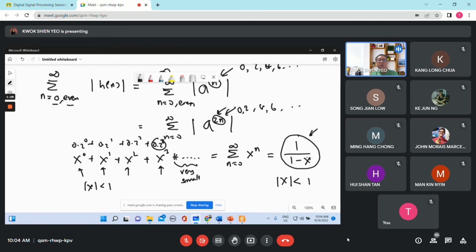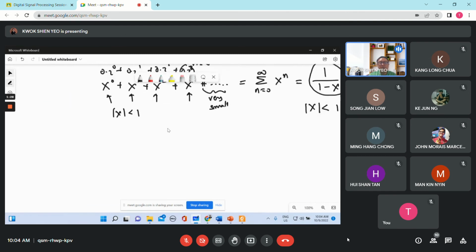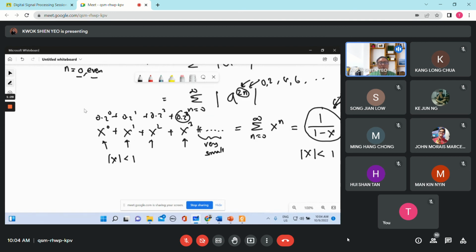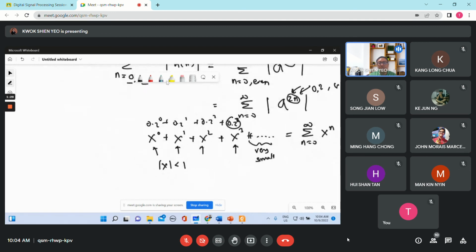In order for this Hn to be stable, it has to sum to this form. It cannot grow to infinity. So let me rewrite the equations here.